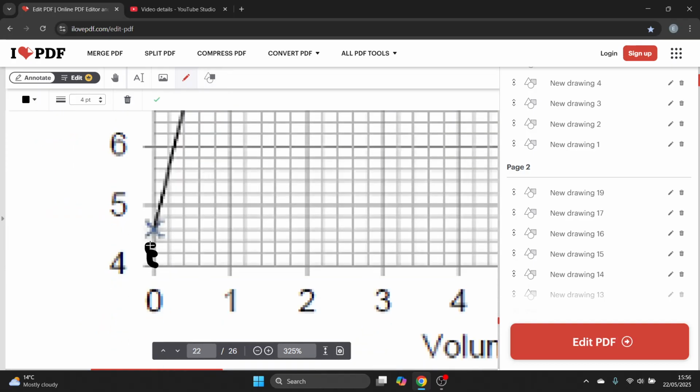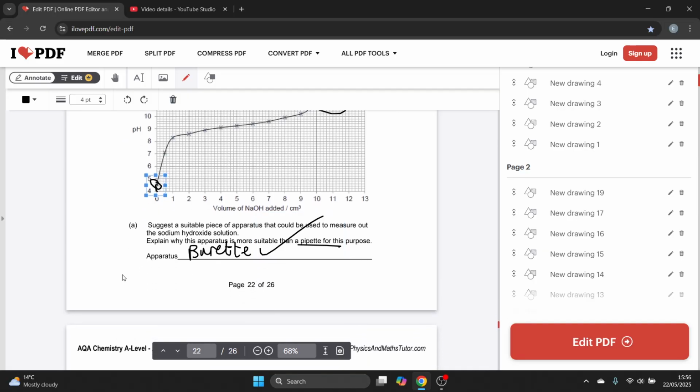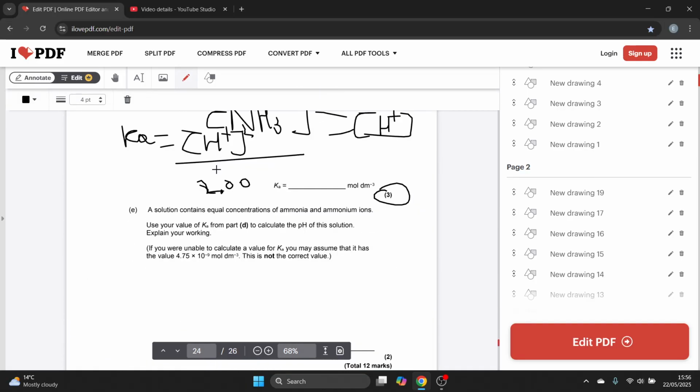4.2, 4.4, 4.6. So you can see how these questions can get difficult. You've got to scroll back through pages, check this, then use this. So the pH is 4.6, but that is not even what I want. Then I need to use concentration H plus equals 10 to the power minus 4.6, and then I just substitute it in.